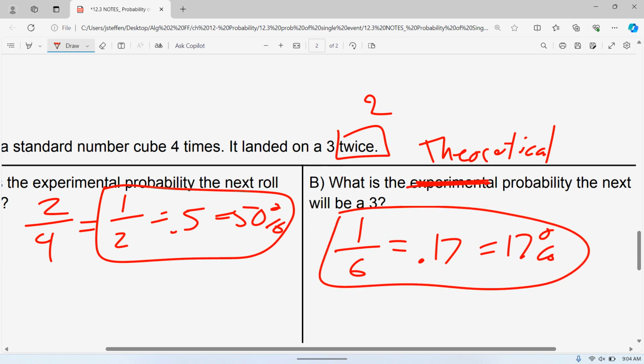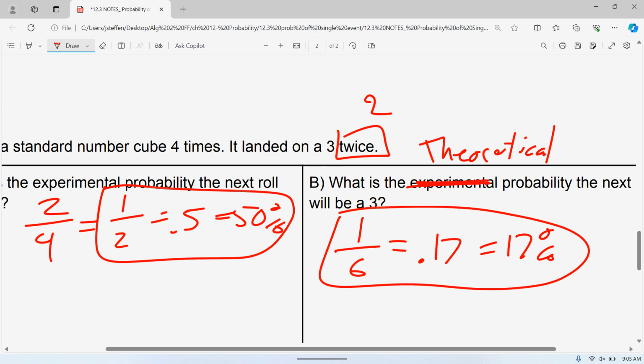Now, just because I find it interesting, and I can force you guys to at least act like you're paying attention, it's interesting with this because one probability said you have a 50% chance of rolling a 3, and the other one said a 17% chance. That's a huge difference. So why is that different, and which one is more accurate?